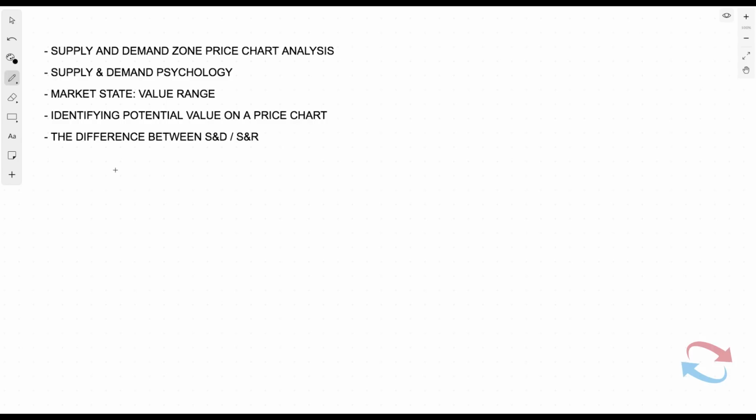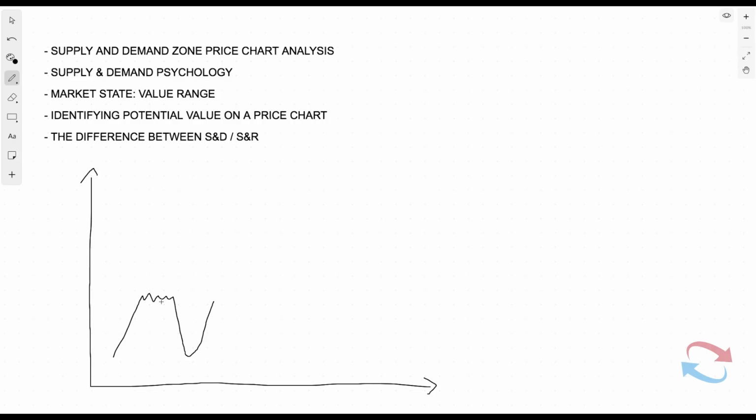So supply and demand, what we're looking for is really just imbalances in supply and demand on a price chart. And we're looking to trade those areas. What's commonly taught, if you've done any kind of supply and demand trading, is you're looking for patterns where you see a rally, you see a base, then you see a drop, then you're waiting for price to come back up to this base area, right?